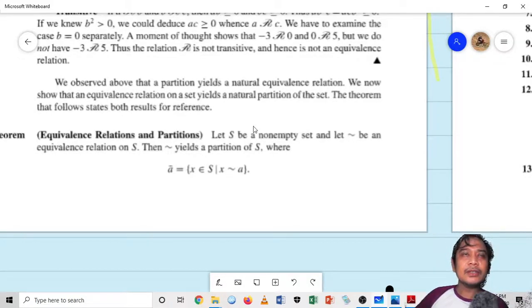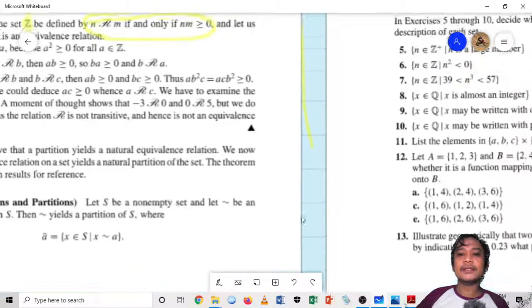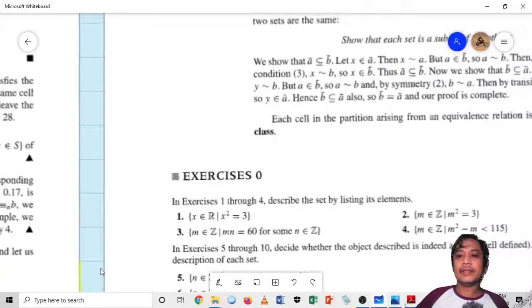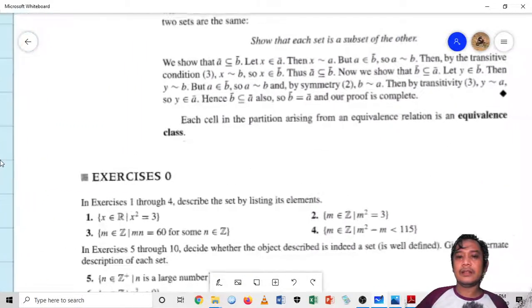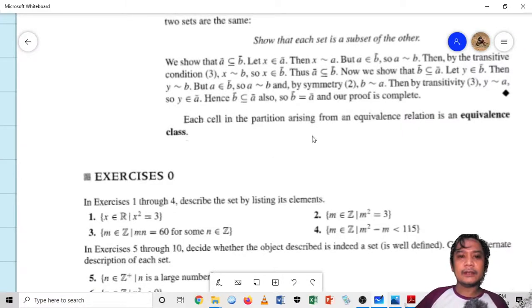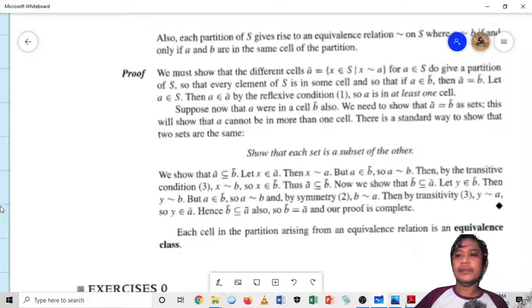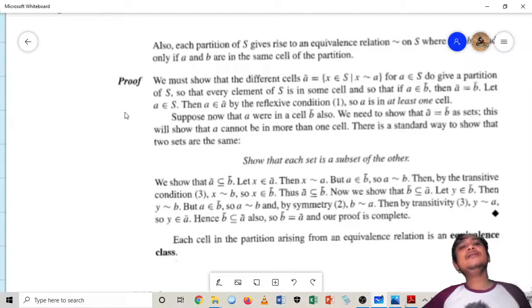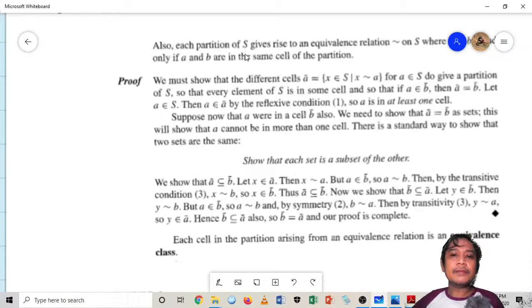Okay. An equivalence relation partitions the set. How does it partition, how does it divide? Those that are related to each other are paired in a cell, they are together in a cell. Okay, an equivalence relation makes a partition. Okay, let us now see the proof. Also, in addition, each partition of S gives rise to an equivalence relation. Okay? If it is partitioned, you can make an equivalence relation.